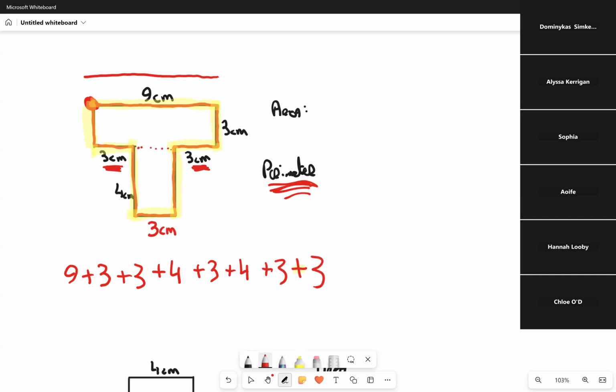What do you get? 29. 29 centimeters squared or centimeters? Centimeters. Good, because we're talking about length. Good, good, good. Okay. Happy enough with that one, lads? Yep. All right. We're getting there.